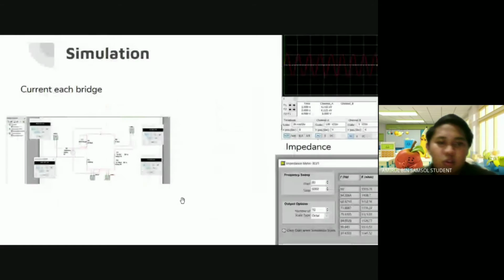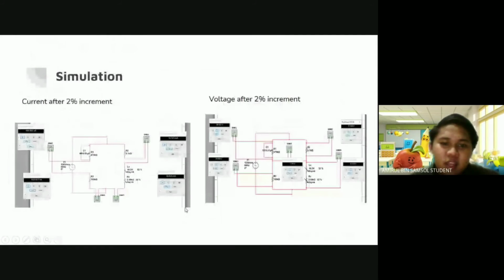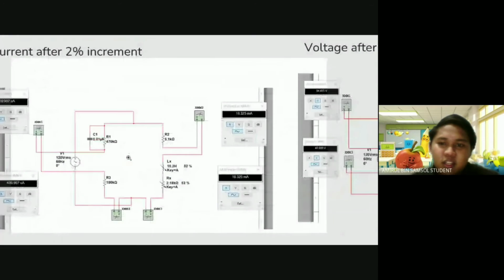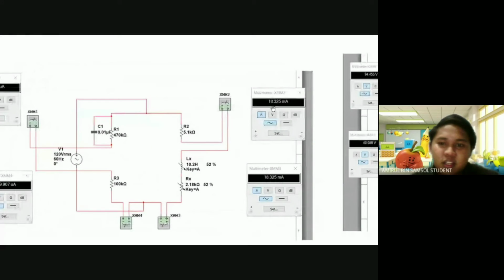So what happened after the increment? It decreased to 18.325 milliampere.